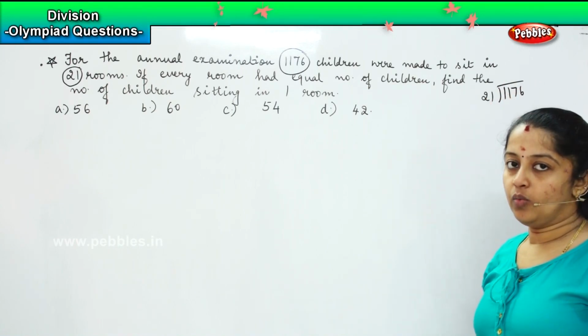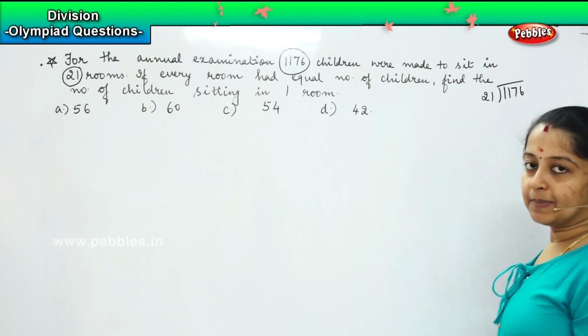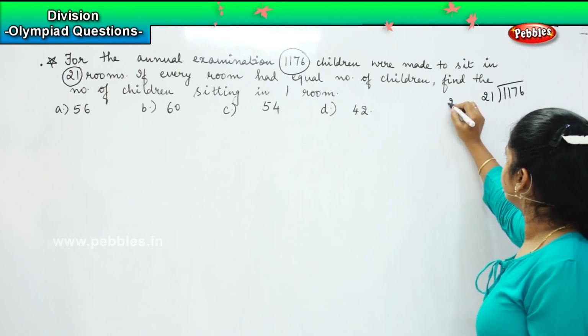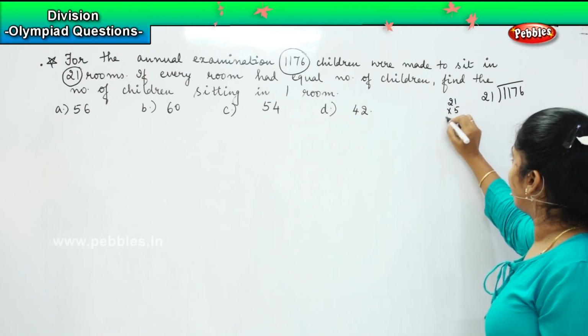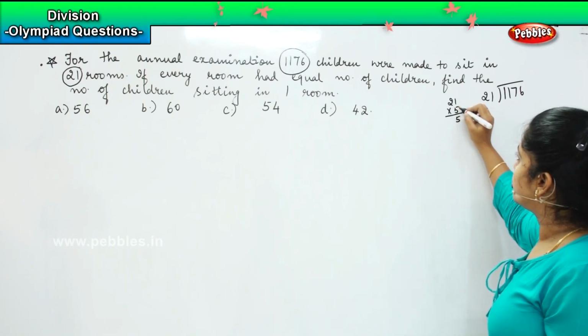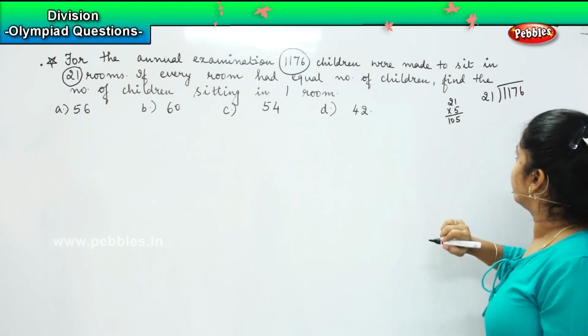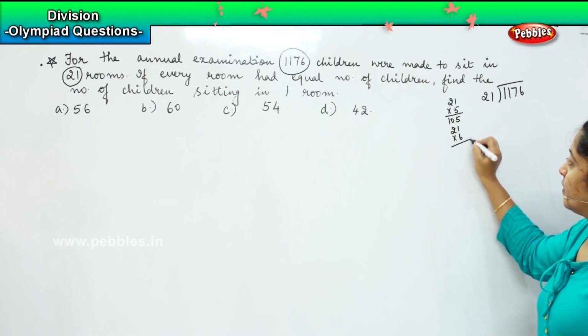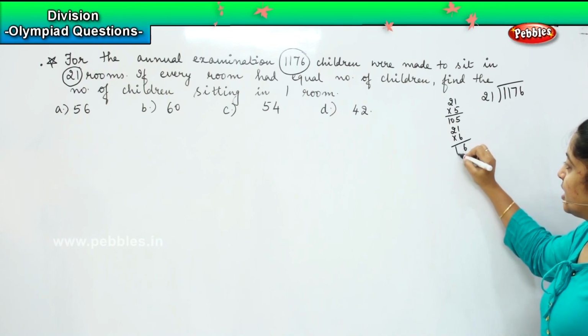Okay, so now we will be multiplying and seeing the value. So let's see 21 into 5. 1 5s are 5, 2 into 5 is 10. Okay, we know that 21 into 6, 1 6 are 6, 2 6 are 12.